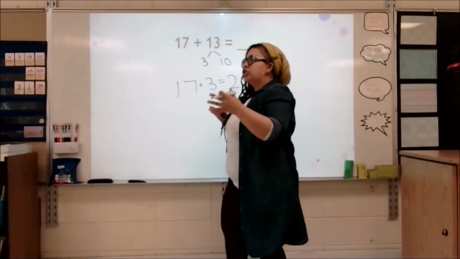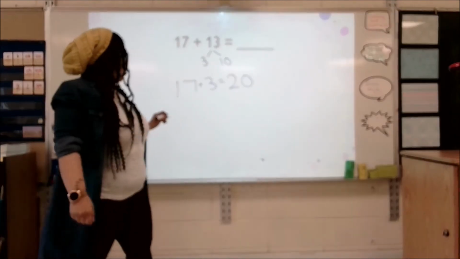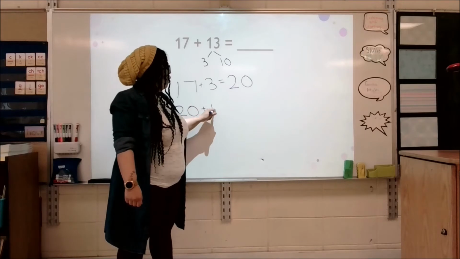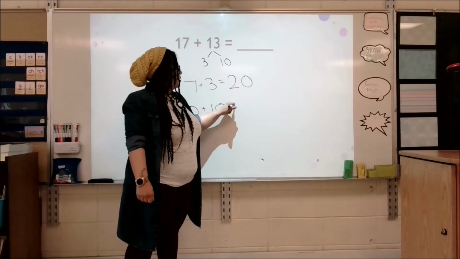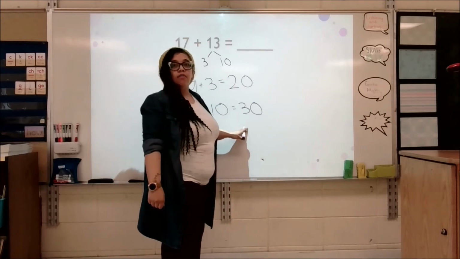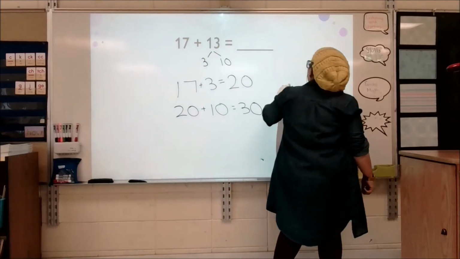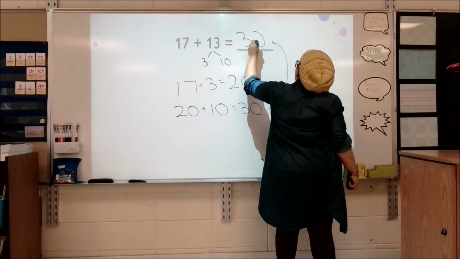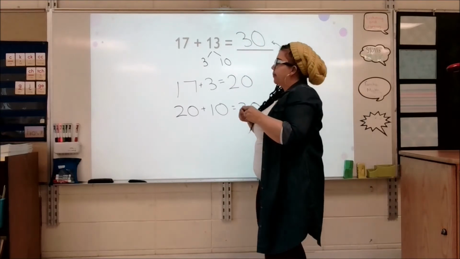I now am showing 2 complete groups of 10. Well, 2 complete groups of 10 plus 1 more complete group of 10 is equal to 3 groups of 10, which has the value of 30, meaning 17 plus 13 is equal to 30.